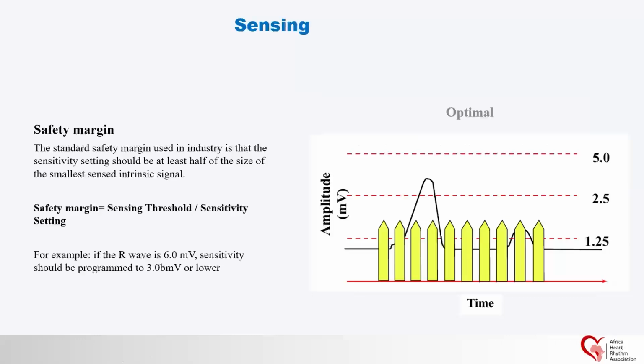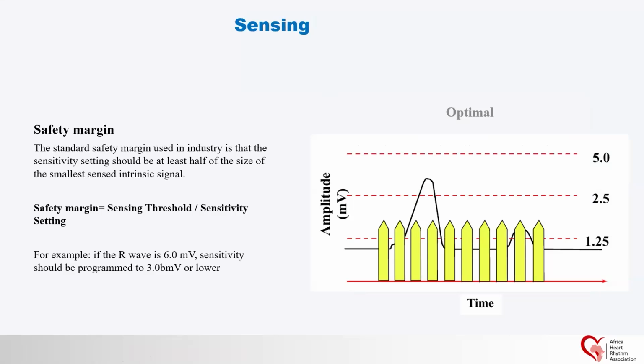The second setting is the sensing. The sensing means the ability of the pacemaker to detect or to see the intrinsic activity. This is very important because if the patient has his own intrinsic activity, we don't need to depolarize the myocardium.